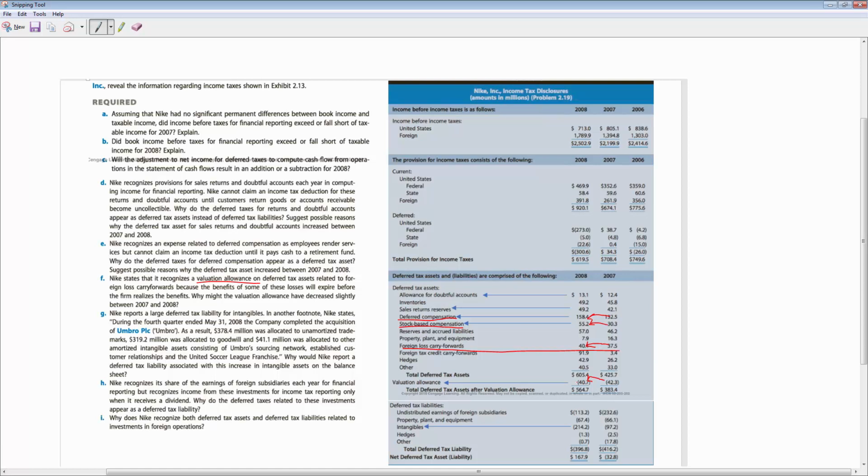So we use the allowance method to deduct from the balance of the total deferred tax assets. But we also find here a decrease of allowance, right? So that means Nike now has confidence it is going to realize the benefits of deferred tax assets. In other words, Nike expects a change from loss to profitability.